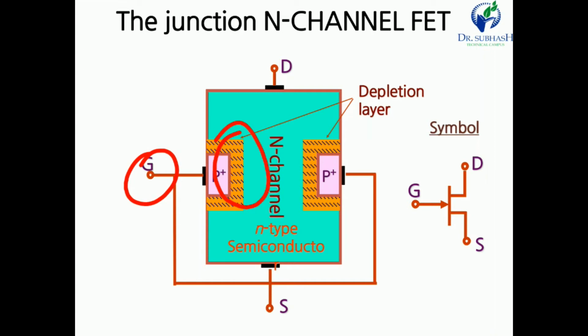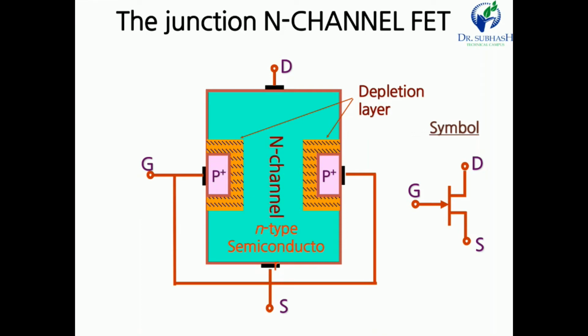If this junction is in reverse bias, then with increasing gate voltage the depletion region width is increased. If this junction is forward bias, then the depletion region width is decreased.